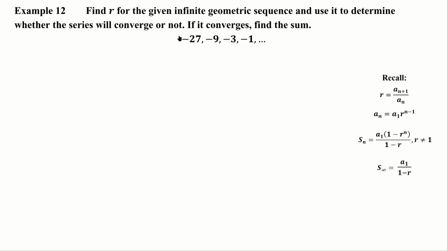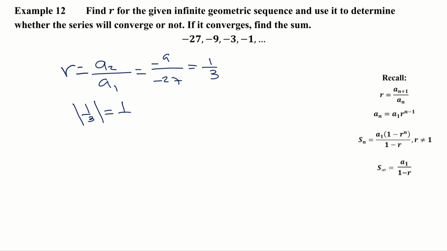All right, we're going to repeat the process for this sequence. We're going to find the common ratio, use it to determine if the series is convergent, and then if it is, we're going to find the sum. Now we'll use the r formula here, so we get r equals a2 over a1. So we get -9 over -27, which is 1/3. Now here, the absolute value of 1/3 is just 1/3, which is less than 1. Therefore, this series converges, which means we should be able to use our S infinity formula to get the sum.